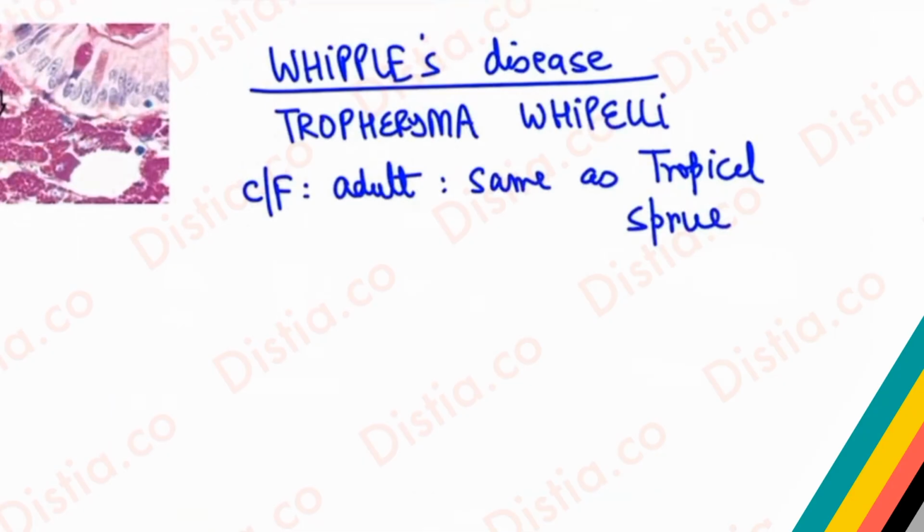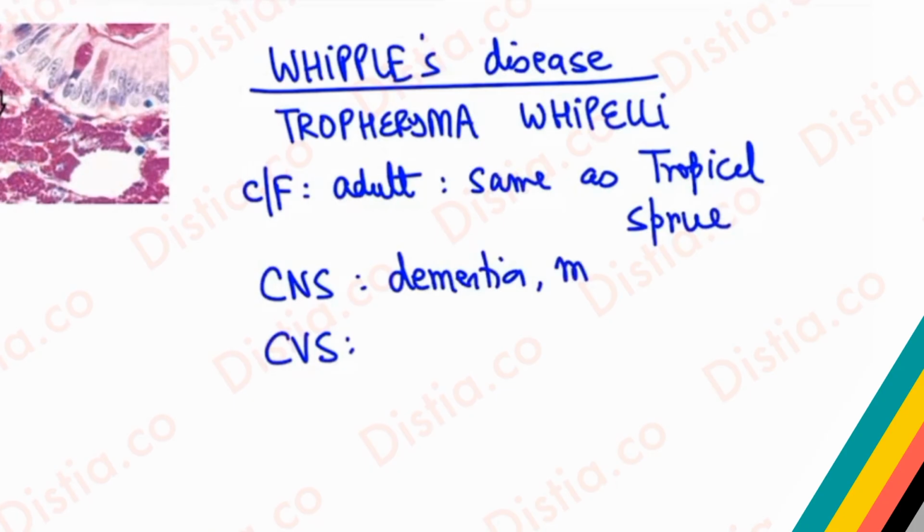Now, what are some special pointers that will be given in the question which will tell you that this is Whipple's disease? There would be some CNS and cardiovascular manifestations. If you read about features of malabsorption plus development of dementia, very shocking, no? A young person with malabsorption syndrome with dementia manifestations.